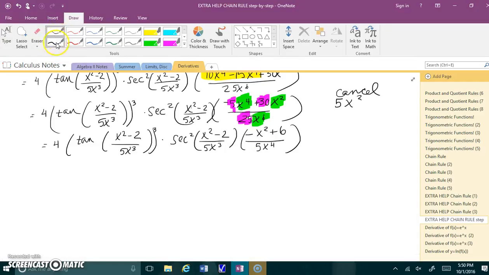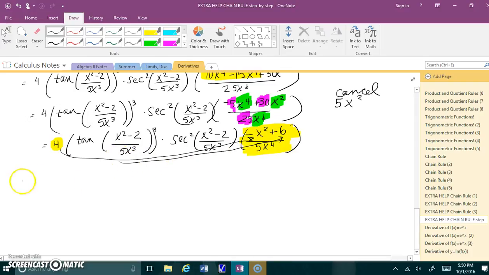And then the only other thing you could really do is, these are just trig functions. You can't really touch those. You cannot touch what's inside the trig functions. I have this constant 4 and this quotient right here. You can take the 4 and distribute it here and here. So let's go ahead and do that and then bring all the yellow up front.